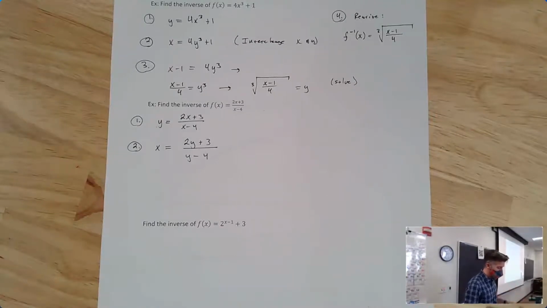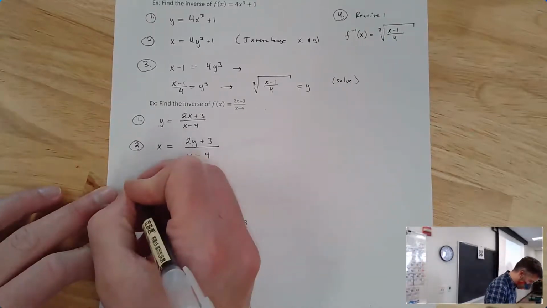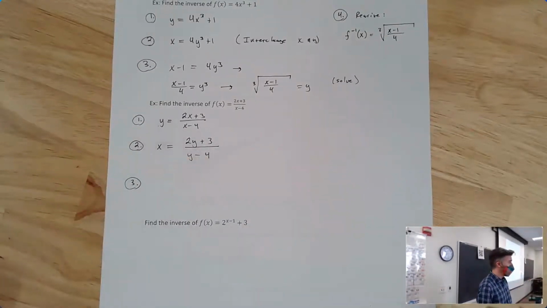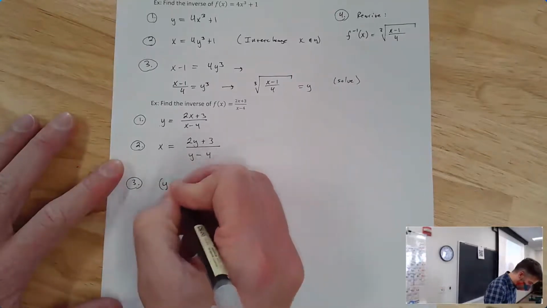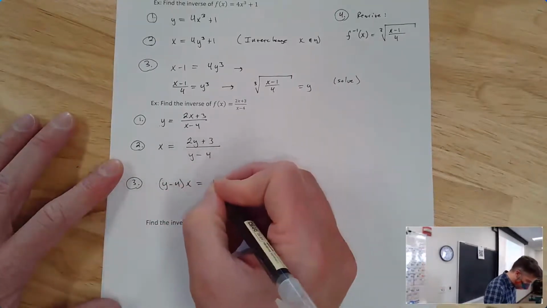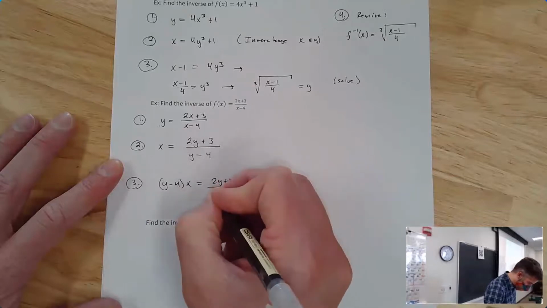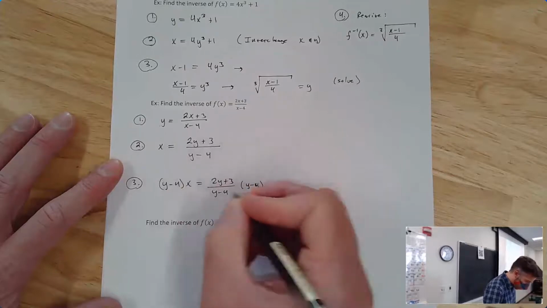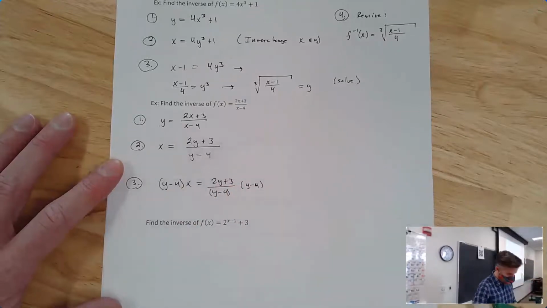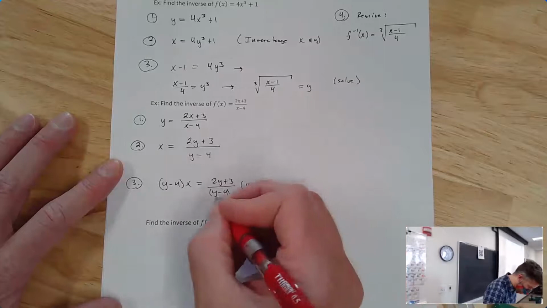So the first step for solving, I'm going to multiply both sides by the denominator. So I'm going to say that (y minus 4) times x equals (2y plus 3) over (y minus 4) times (y minus 4). You can skip writing the right-hand side like that and just say, I know that these are going to cancel.